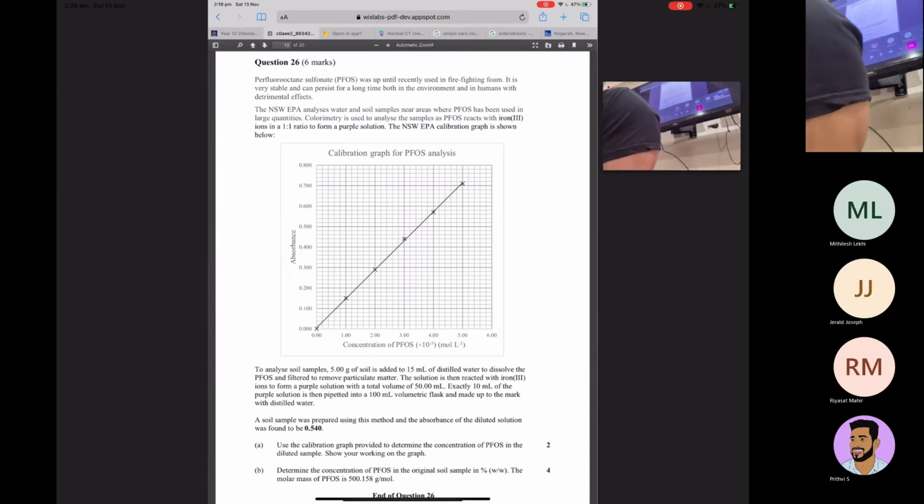Good, and this is colorimetry as well, so it's exactly as Spectra. These questions look very hard. Should be possible.